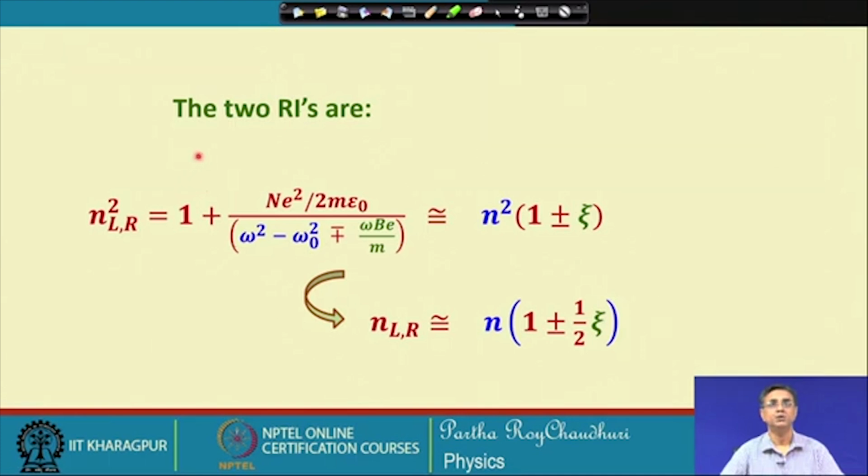Now, these two refractive indices are at length known through n square. From here we can write n for R and L, doing some approximation, that if you take the square root of this, then it will be n times 1 plus or minus half of xi, and the values of xi and n are known from these expressions.